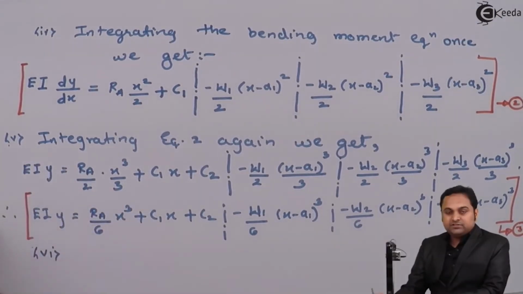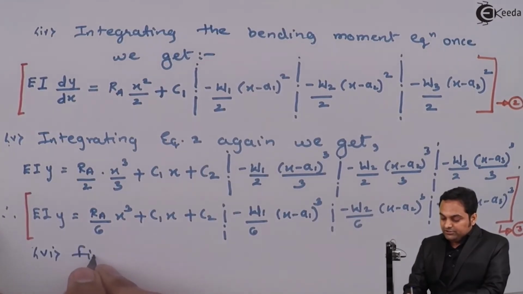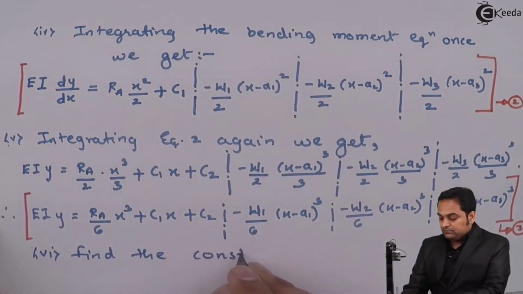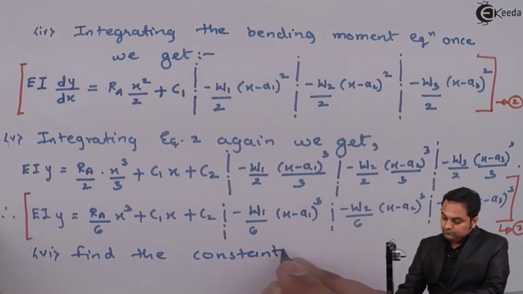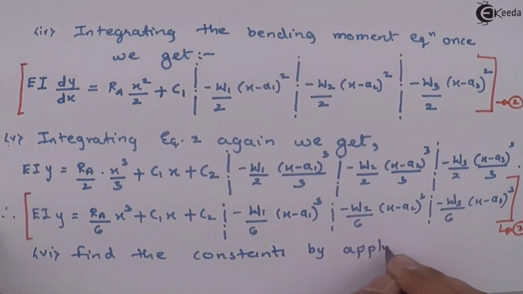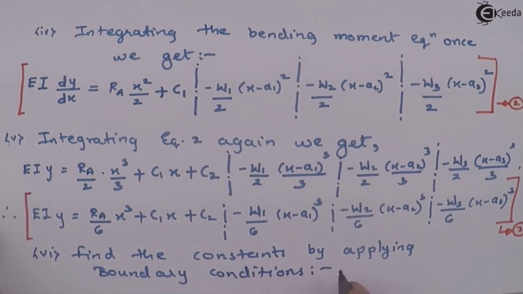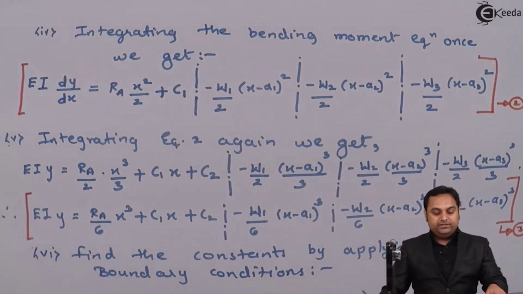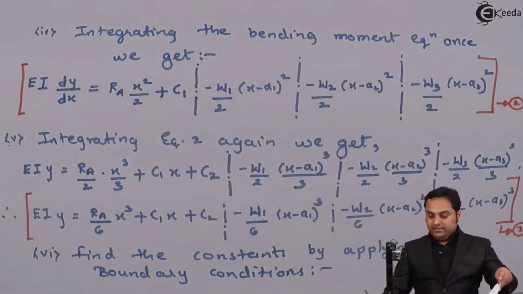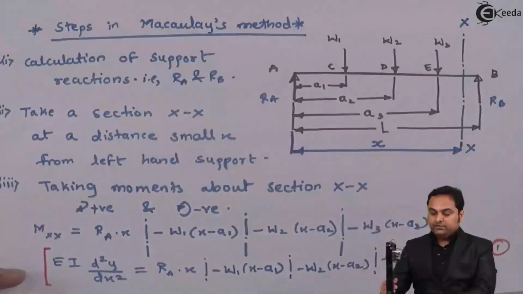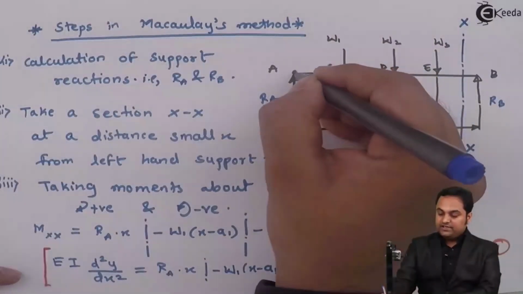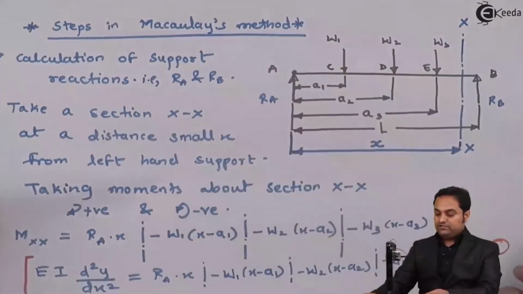In step number 6 we are going to find the constants by applying boundary conditions. So by applying the boundary conditions we will have to find the constants, and if I look into the diagram, the boundary condition is when the distance x is 0, here deflection y is 0.